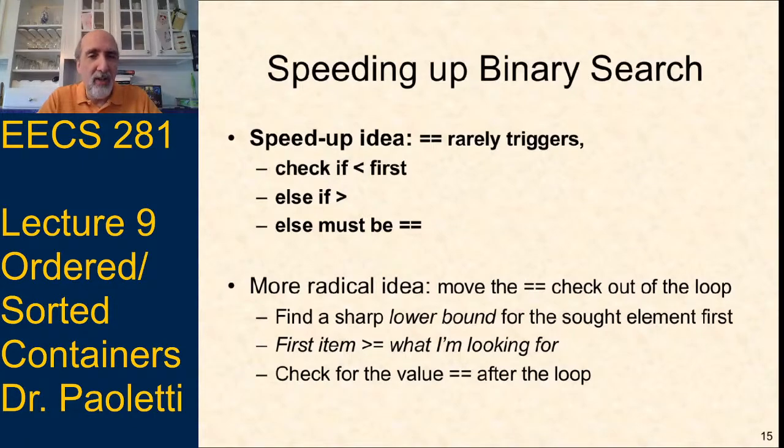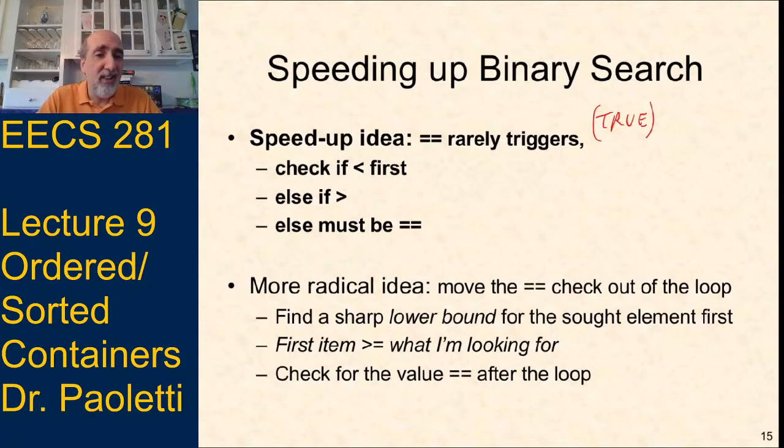We're going to make binary search faster by, first of all, noting the speed up idea: equals rarely triggers. In fact, equals is going to be true at most once, but the less than and greater than are going to be true approximately log n times.